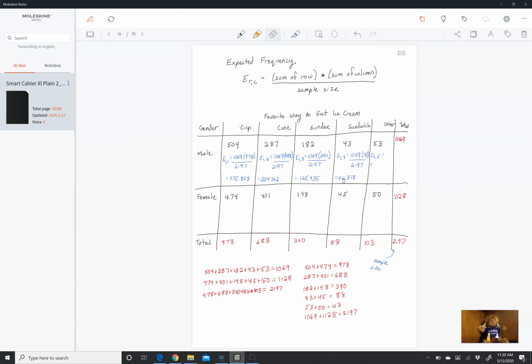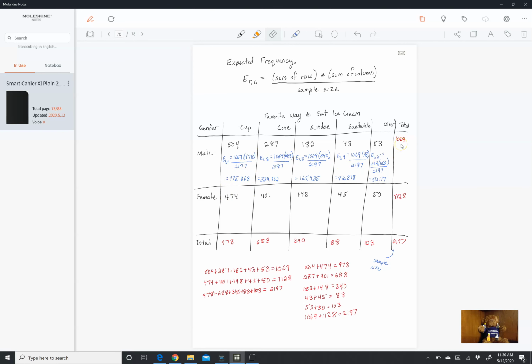This is 1069 times 103 over 2197. And that gives us 50.117. So notice the sum of the row for all of these is the same.